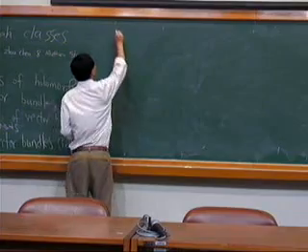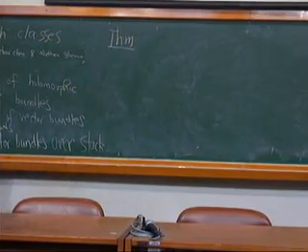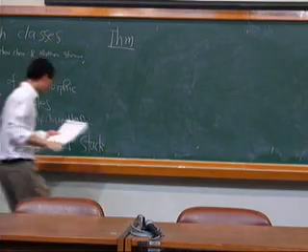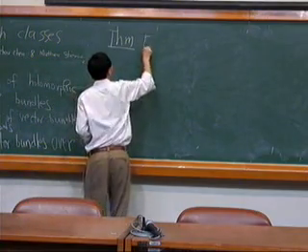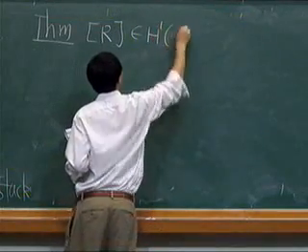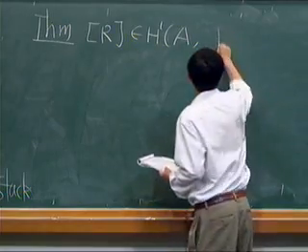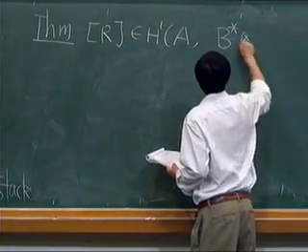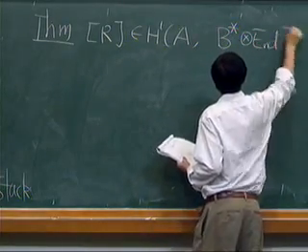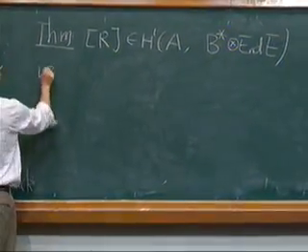So the first theorem is almost trivial, a simple observation. This class, the first Lie algebroid cohomology of A with coefficients in B star and the morphism of E, is independent of a choice of a connection.